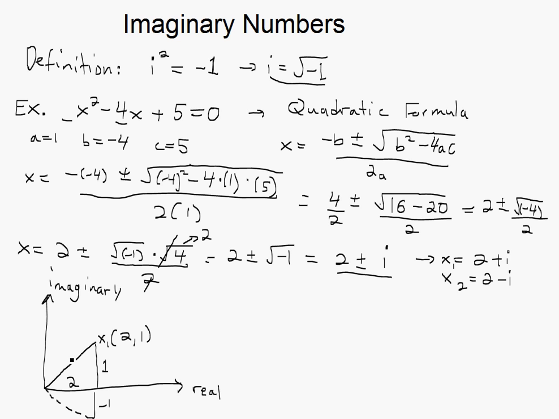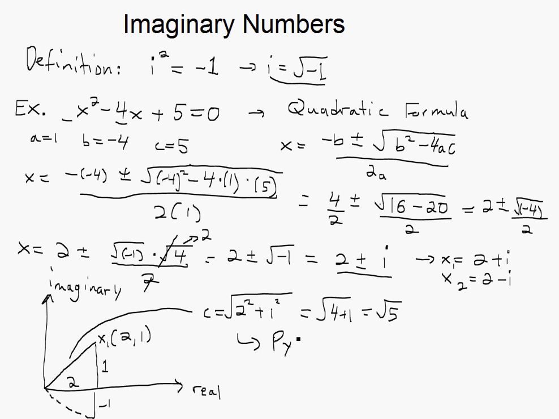And then this length is just c, where c squared is 2 squared plus 1 squared, so that is 4 plus 1. This is from the Pythagorean theorem, and you could click the link.